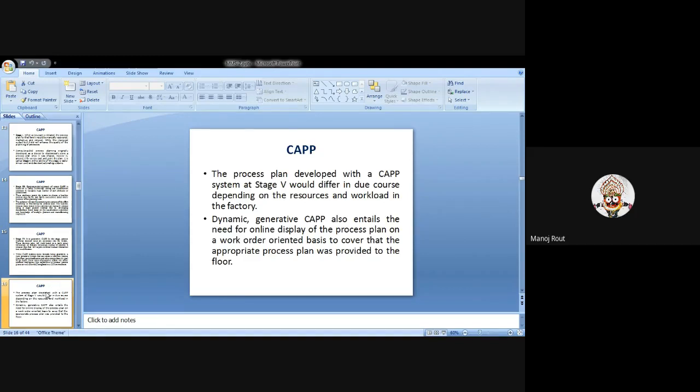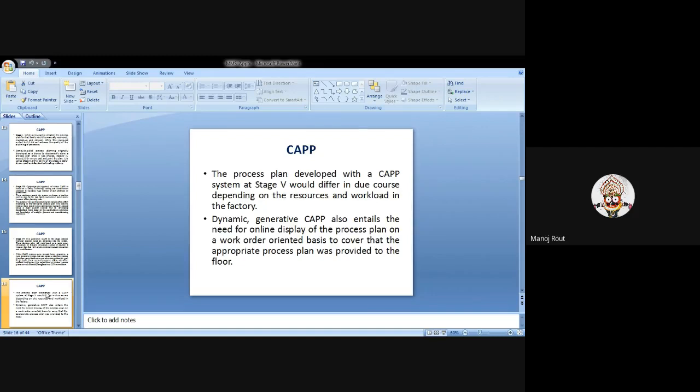this last one, the process plan developed with the computer-aided process planning system at stage number 5, could differ in cost depending upon the resources and workload in the factory. So dynamic generative computer-aided process planning also entails the need for online display of the process plan on a work order oriented basis, to ensure the appropriate process plan is provided to the shop floors.